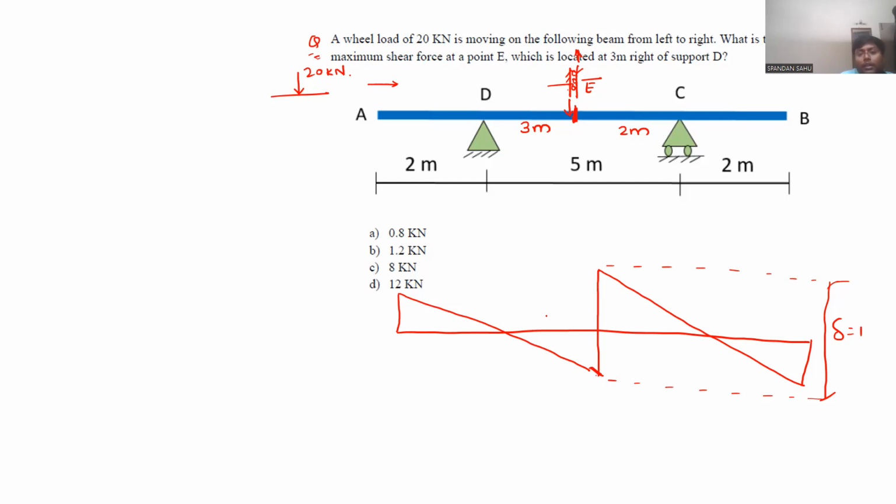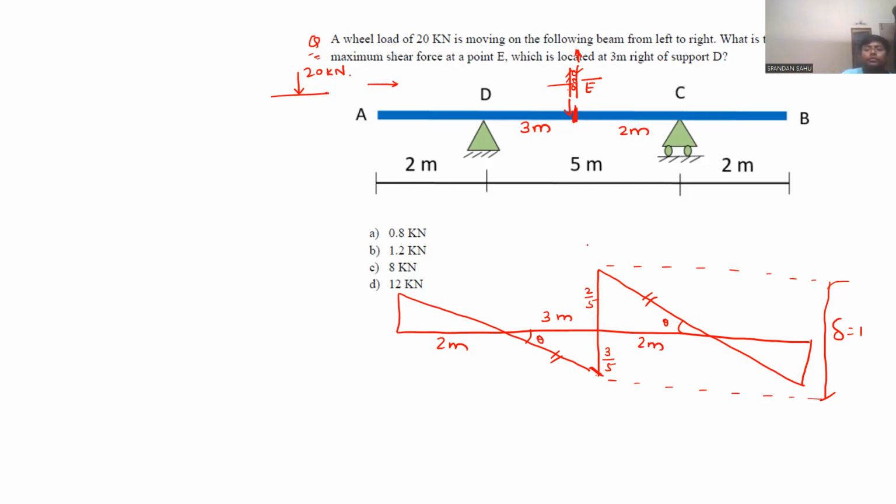Now check, this is 3 meter, this is 2 meter, this is 2 meter. So you can write, this is theta, this will also be theta, and this line should be the same. So this you can write as 3 by 5, this as 2 by 5. You can check it afterwards. So we got the ordinate.